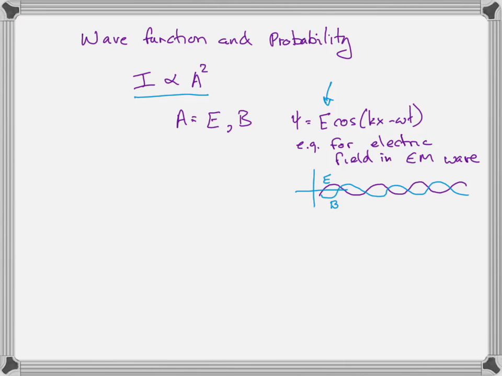In an earlier section in chapter 5 that we have not gone over, the author goes into detail to show that if you treat an electromagnetic wave as a bunch of photons, particles instead, you can show that the intensity is proportional to n, which is a probability. It's the probability of finding a photon in a certain position.